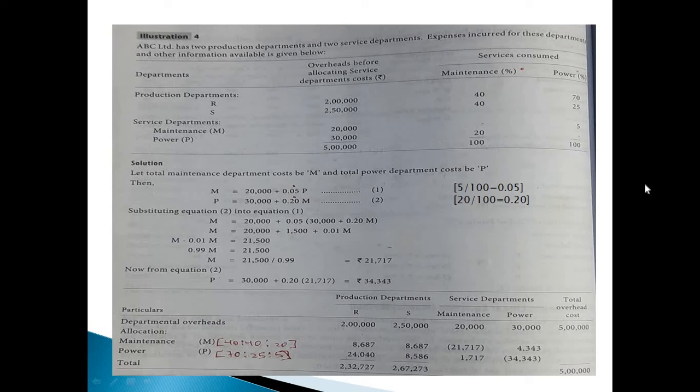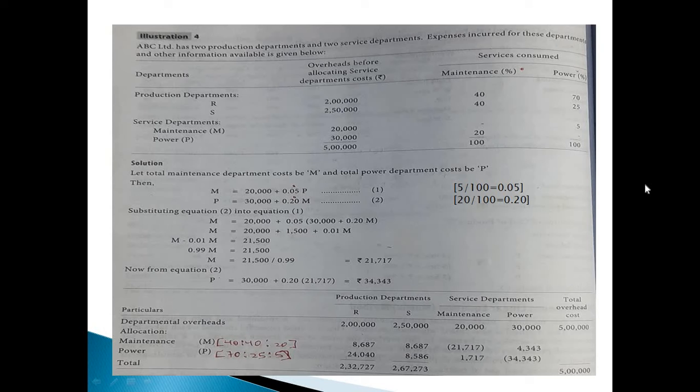So M will be 20,000 plus 0.05. Then instead of writing P, you substitute the value of P in the equation. So P is 30,000 plus 0.20 M. Then M is equal to 20,000 plus, how do we get that 1,500? It is 0.05 into 30,000, we get 1,500. Then plus, how do we get that 0.01 M?